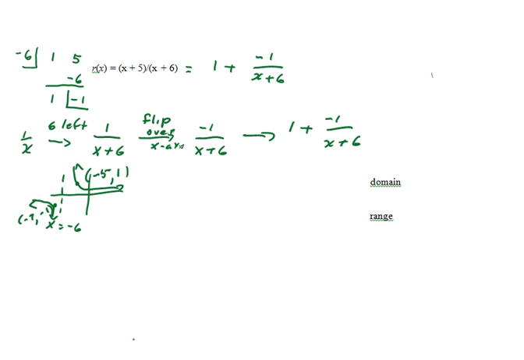So a vertical flip, and so what was -5, 1 will become -5, -1. And what was -7, -1 will become -7, 1.